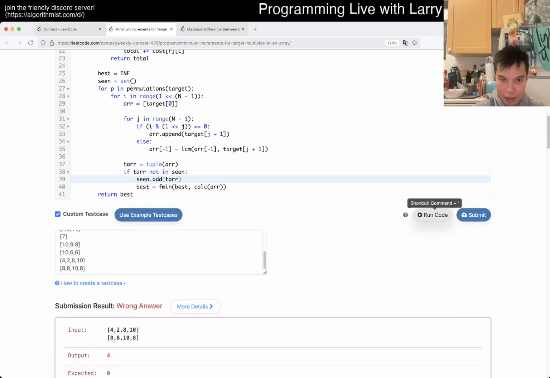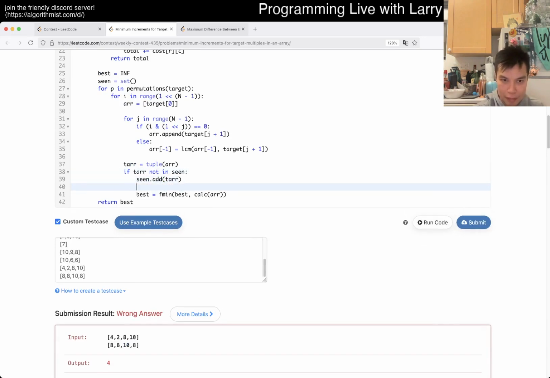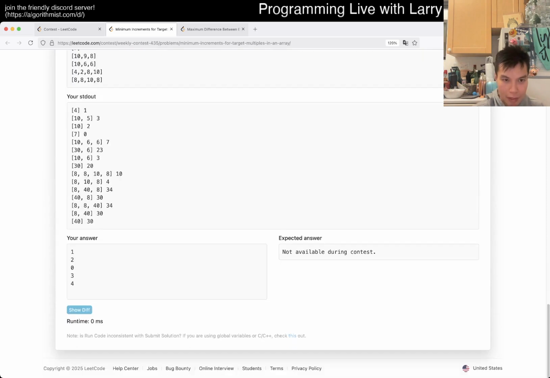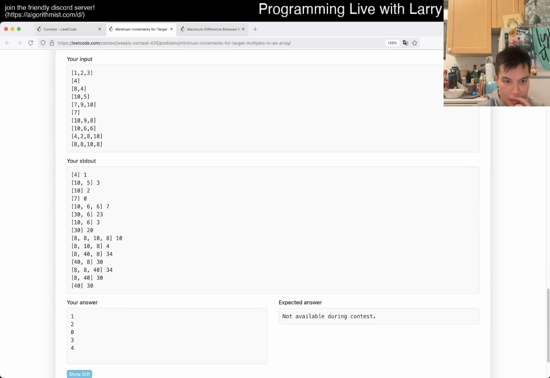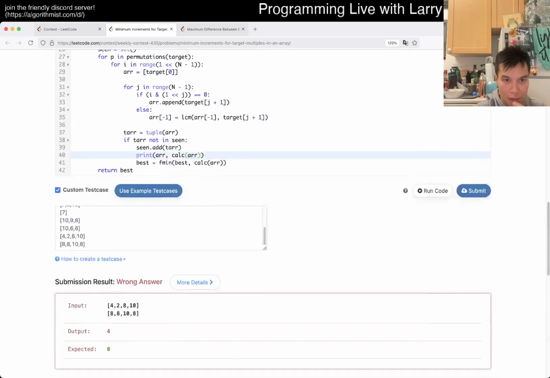Just so that I could, almost like a memorization. So okay, 840. No, there should be an 810. So I messed up on my brute force, I suppose. There should be a... let's see.